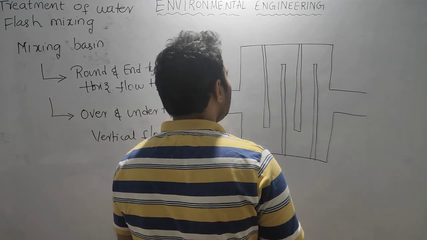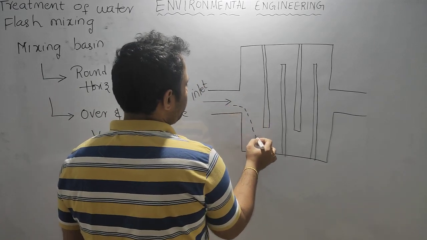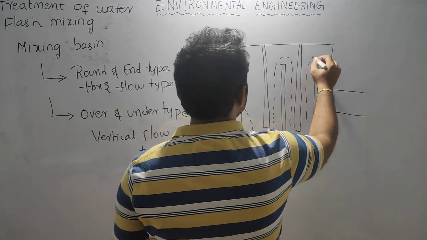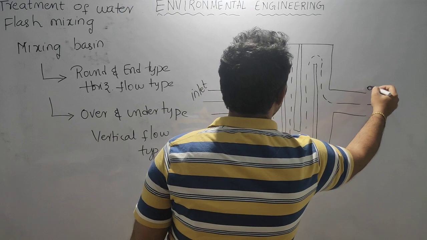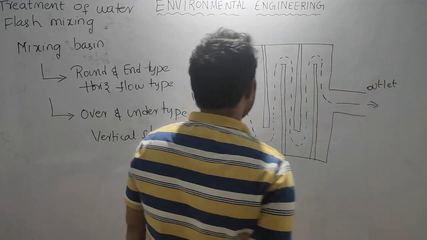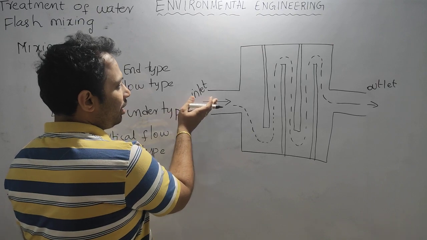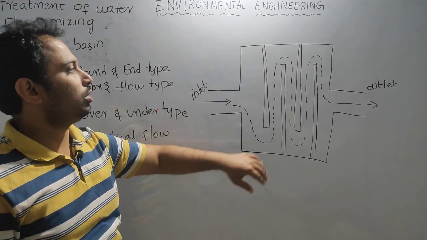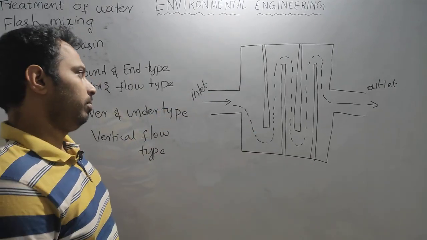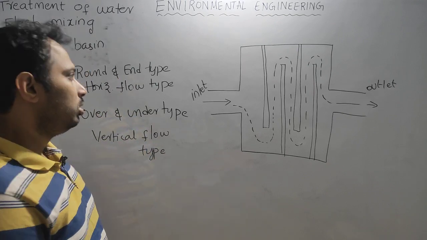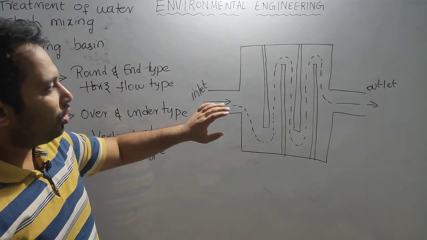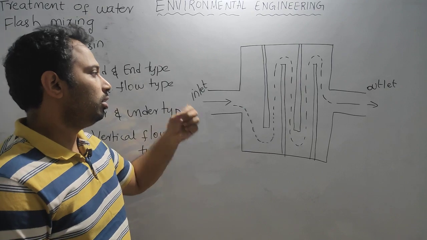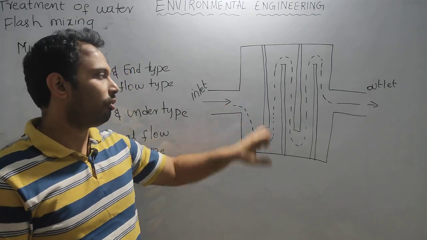If the water enters here, it has to travel like this, and this is the outlet. Because the water keeps changing its direction, we are creating turbulence in the water. This is the mechanism we use to introduce the coagulant and disperse it.